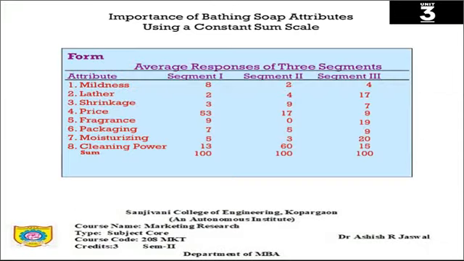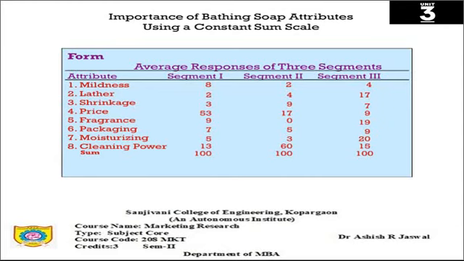Further clarification with the help of an example: if you look at the importance of bathing soap attributes, there are different attributes and I have requested three different segments to give the sum. If you look at segment number 1, 53 is given to price, while in segment 2, cleaning power is given 60, and in the third segment the highest is fragrance, with moisturizing 20.